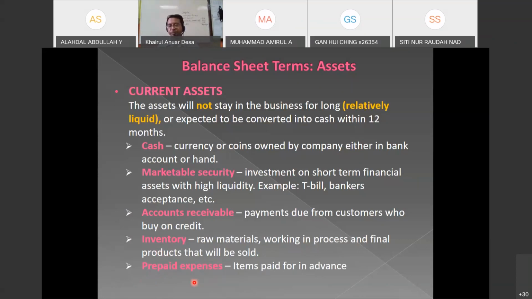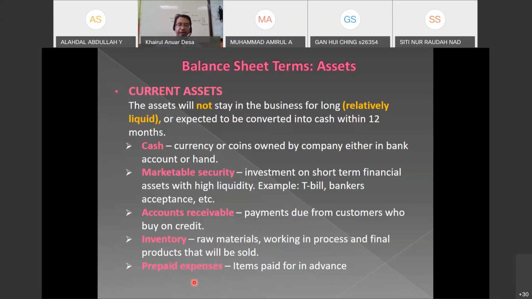Now we are in March. But we pay 1 year. We pay 1 year Astro bill from January to December. We pay in advance. Okay, we pay in advance.